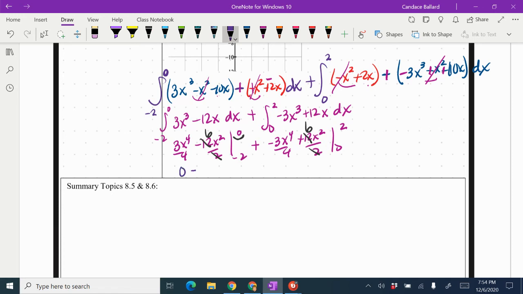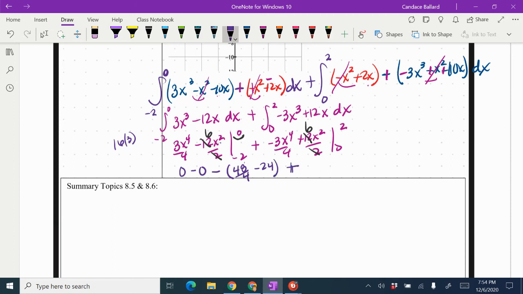So I get 0 minus parentheses. Now we plug in the -2. So -2 to the 4th is 16, and then 16 times 3 would be 48 over 4. And then we've got -2 squared is 4 times 6 is 24, but it was subtracting.